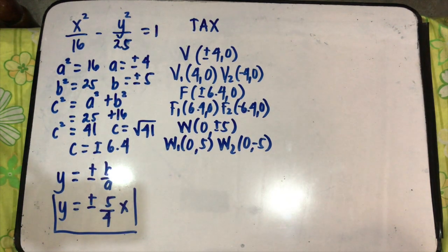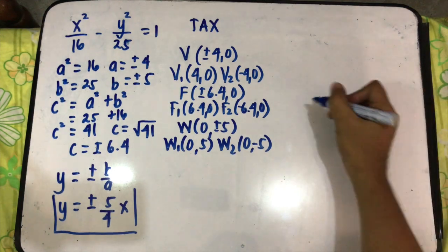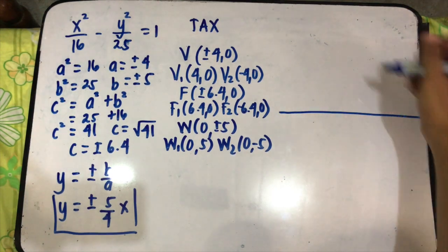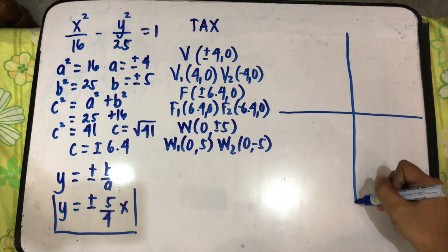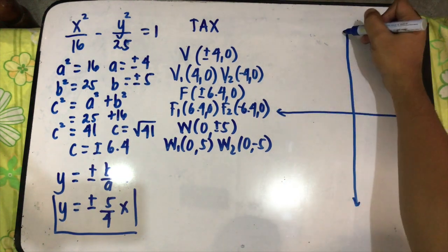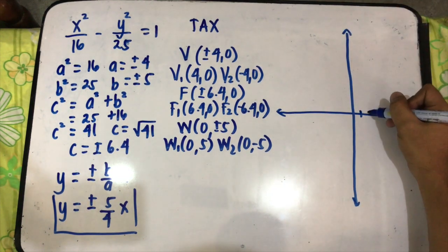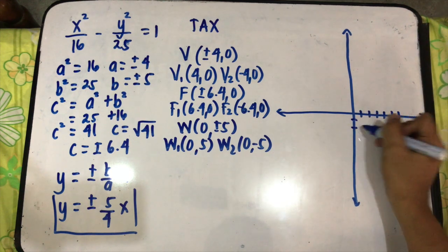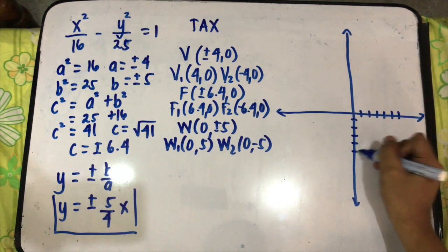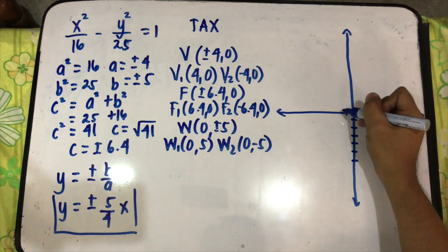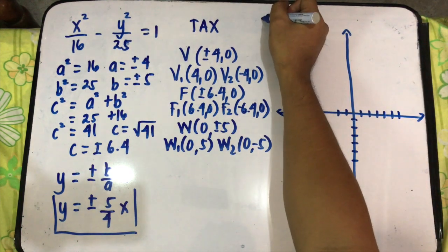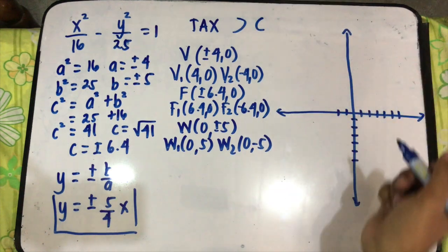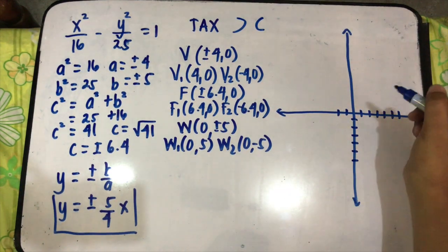So we're now ready to graph the hyperbola. Because the transverse axis is horizontal, our hyperbola would open to the right and to the left.